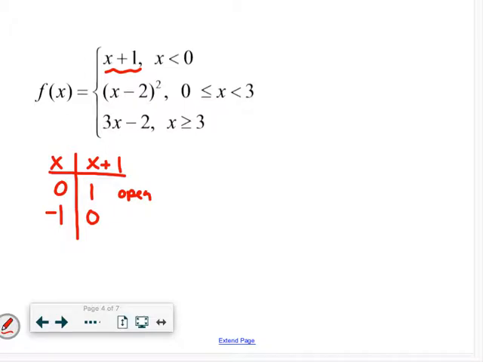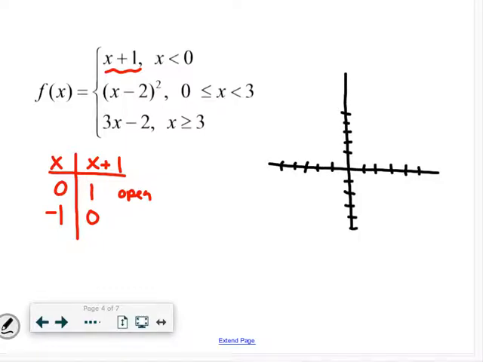Evaluate, and I can graph. It shouldn't really be very hard. 0, 1 is open, -1, 0 is closed, and we're going all the way to the left because it's less than 0.